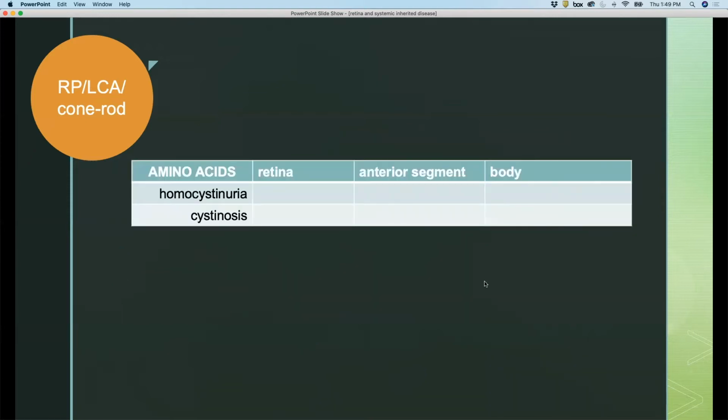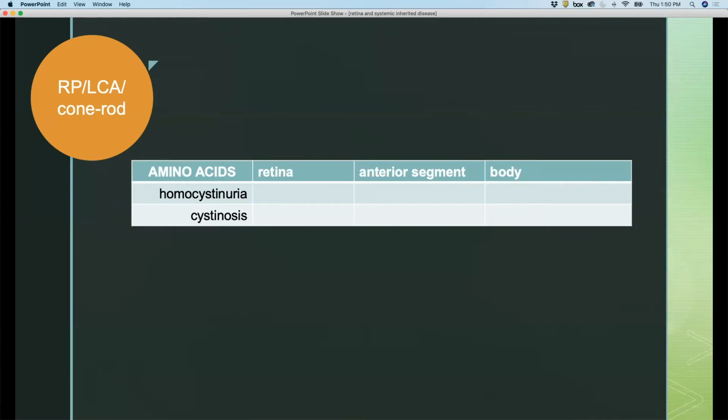Another thing, a bit of a sidetrack, I always get confused between homocystinuria and cystinosis. So what is the phenotype of cystinosis in the retina? RP, like retinal degeneration. Exactly.